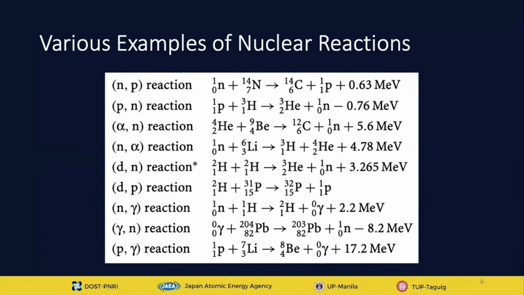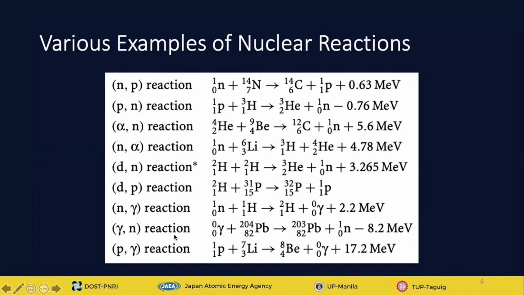So here are other examples of nuclear reactions involving a variety of projectiles and ejectiles. The D here refers to deuterium. So this reaction right here can be classified as a deuterium-neutron reaction.